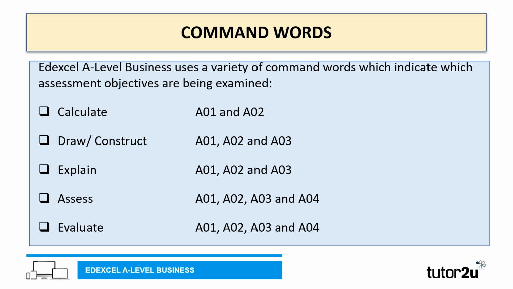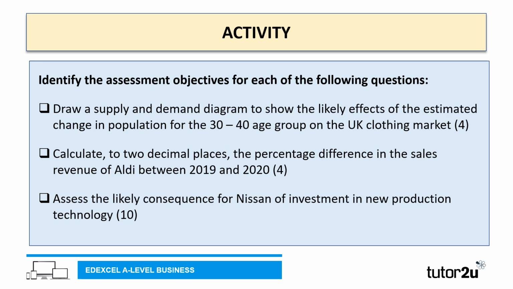Let's complete a short activity. You can pause the video while you have a go at this, then unpause to run through the answer. All I'd like you to do is identify the assessment objectives for each of the following questions. Draw a supply and demand diagram to show the likely effects of the estimated change in population for the 30 to 40 age group on the UK clothing market. 4 marks.